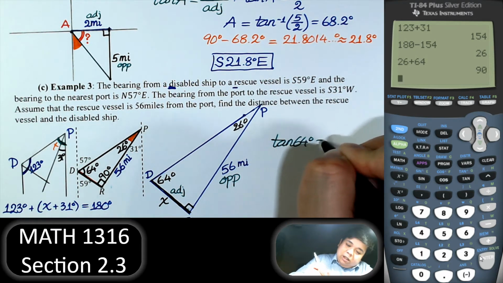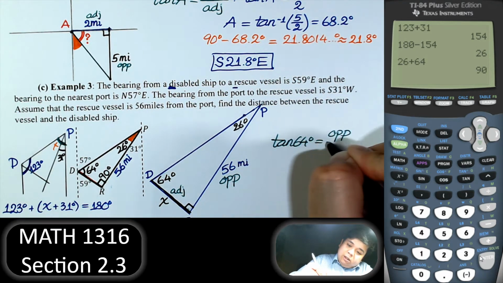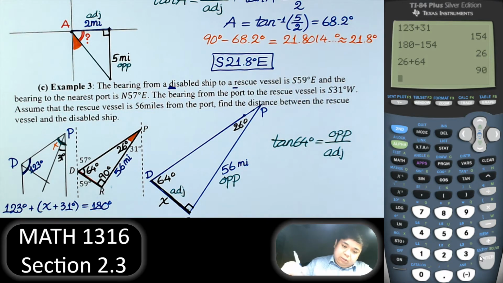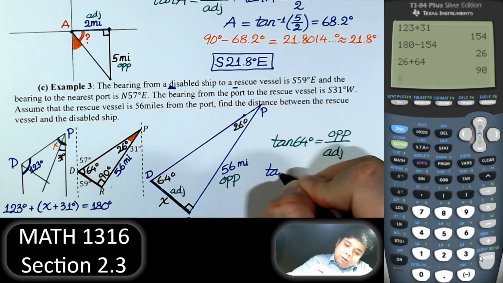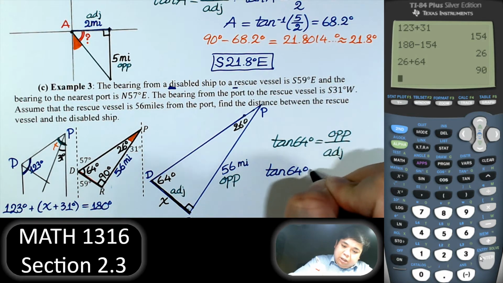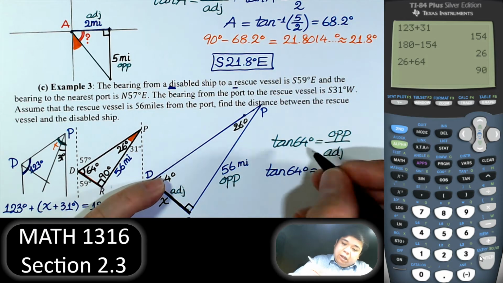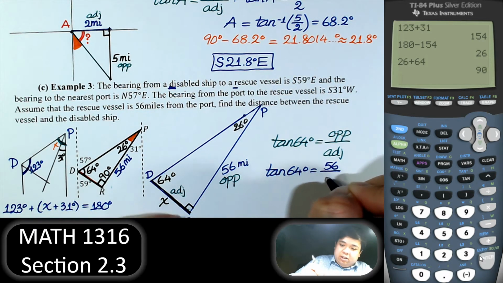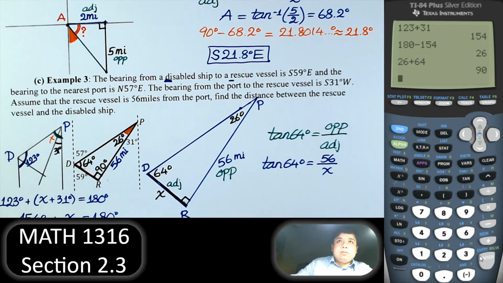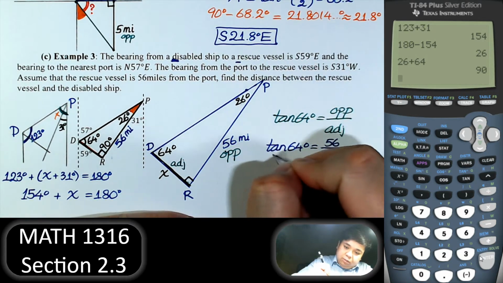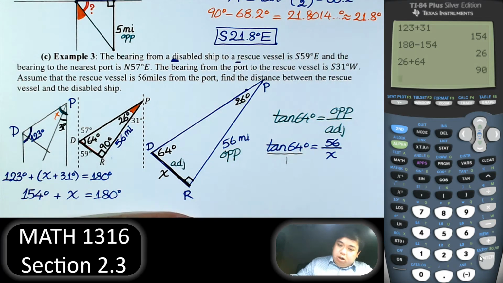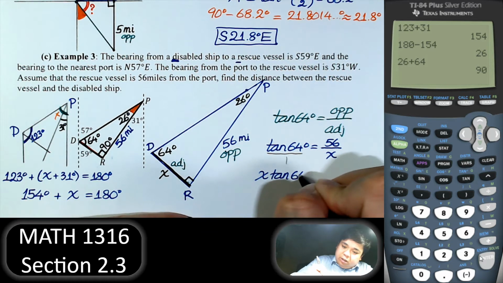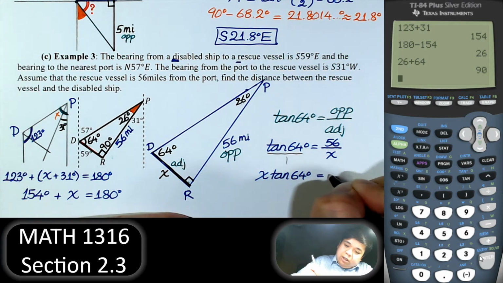Tangent of 64 degrees is opposite over adjacent. Cross multiply: x tangent of 64 degrees equals 56.